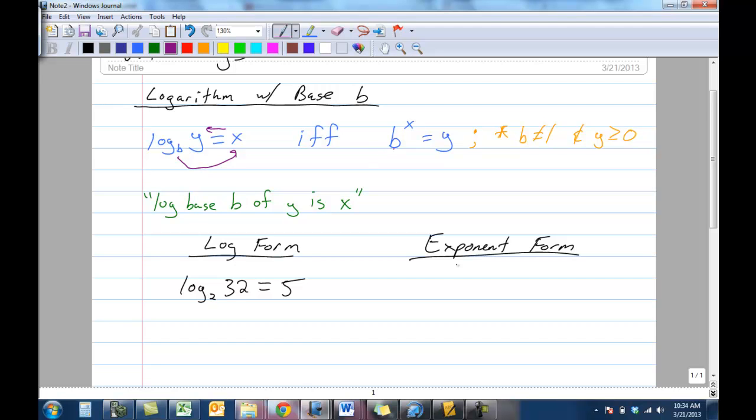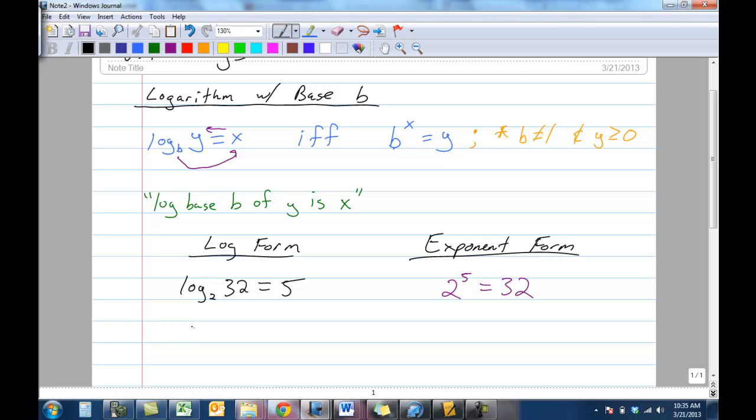So log base 2, this is base 2 for exponent form. 2 to the, and you reach across to x. So 2 to the 5th power is, and then you come back to the 32. 2 to the 5th power is 32. Hey, that happens to be true too, isn't it? So it's always this pattern. The base raised to the far thing, and then come back to what the log is next to.